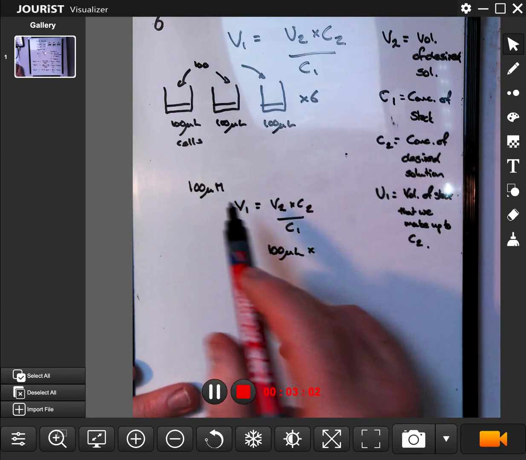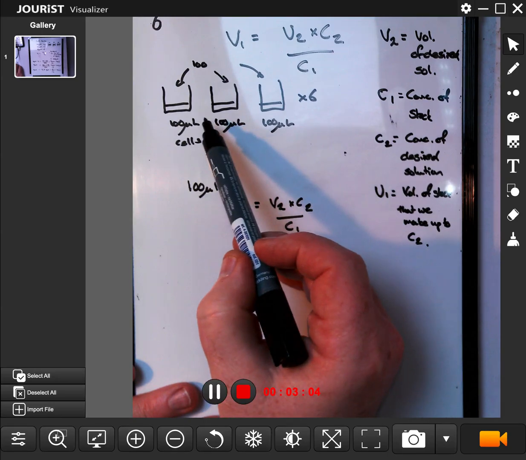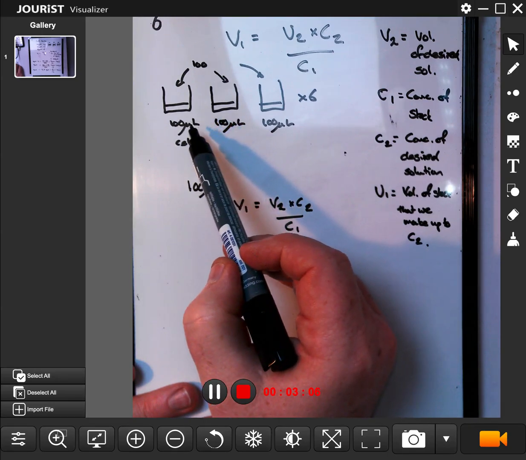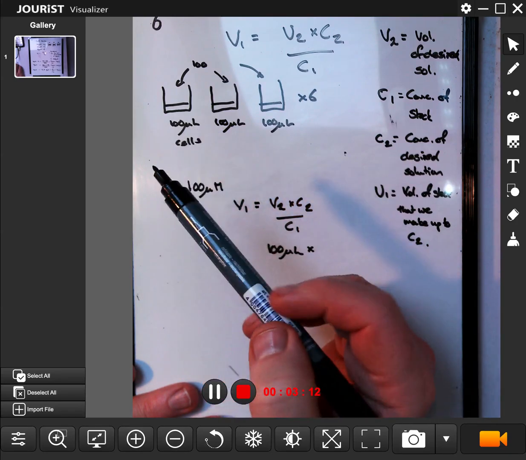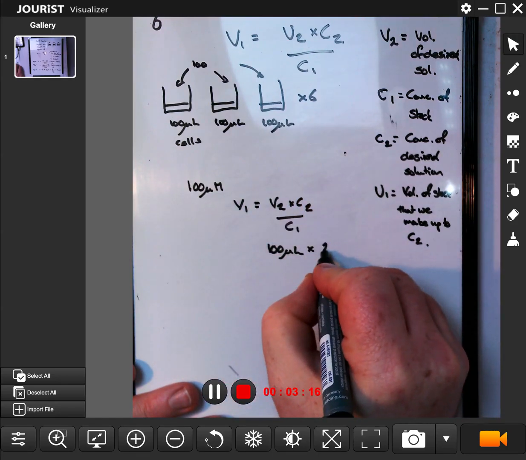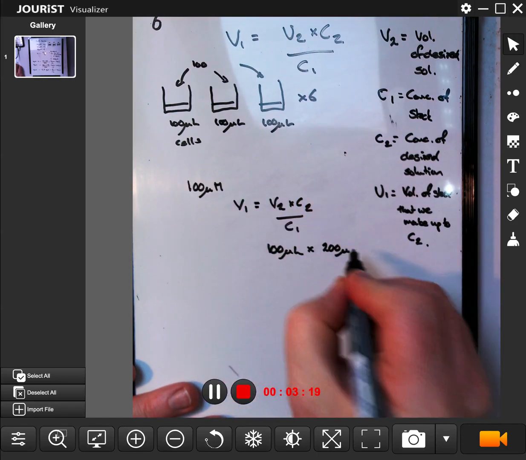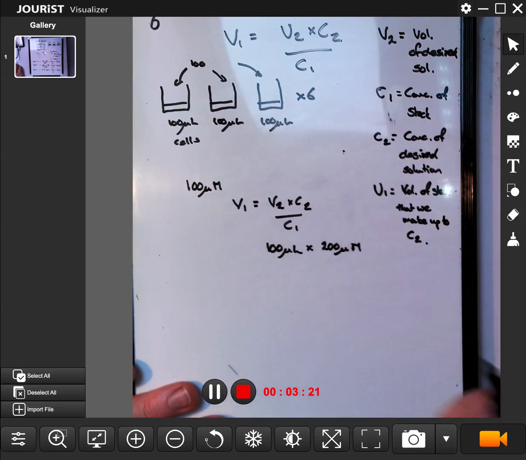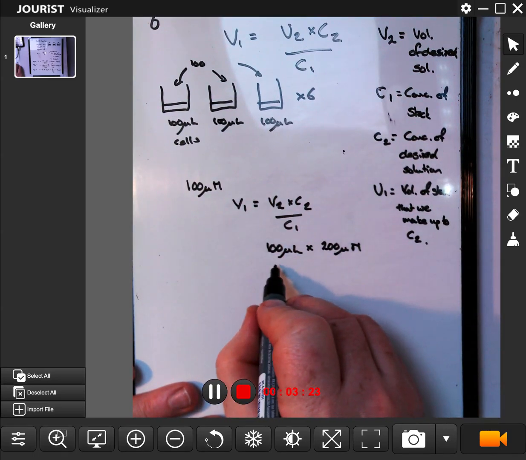Well, let's look at this. We're going to be putting it into a well that's already got 100 microliters in already, so it's going to get diluted by a half. So the concentration has to be 200 micromoles because we're going to dilute it with the remaining cells.